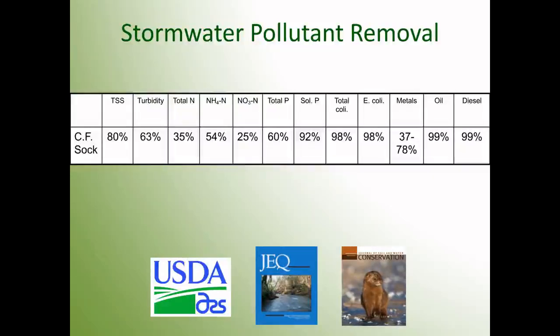In this particular study, they evaluated copper, cadmium, chromium, nickel, lead, and zinc, and also petroleum hydrocarbons. So some of these materials can act as true biofilters, not just in the sediment control context, but also in the post-construction stormwater filtration context as well.